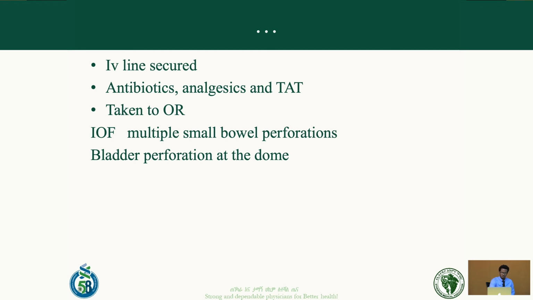The intraoperative finding was multiple small bowel perforations, and the bladder was perforated at the dome. The small bowel perforations were multiple, and the distance between each perforation made it difficult to do a single resection and anastomosis. So as to avoid short bowel syndrome, we did multiple resections and anastomoses. We had 3 anastomoses, and there was only urine in the peritoneal cavity. There was no significant fecal contamination, and the bladder dome perforation was repaired in double layers, with the catheter in situ.